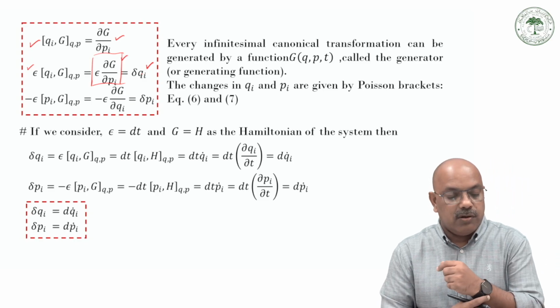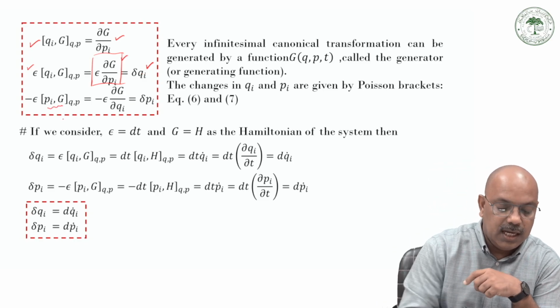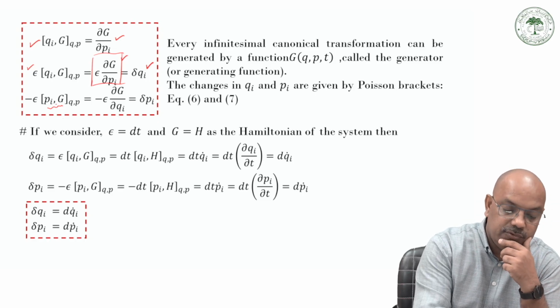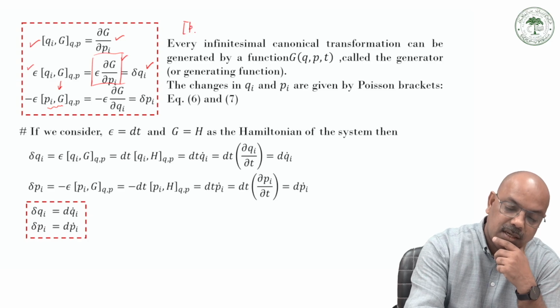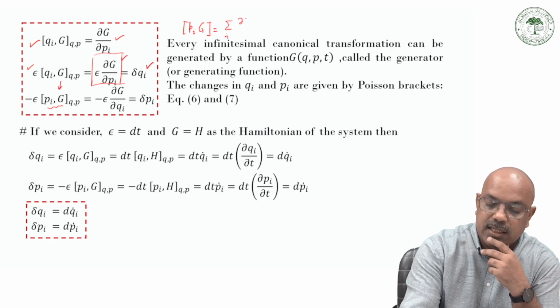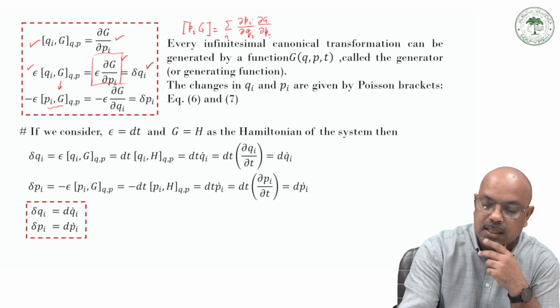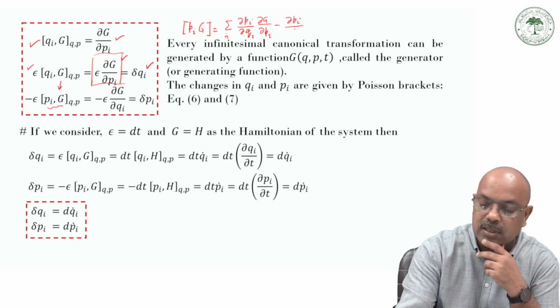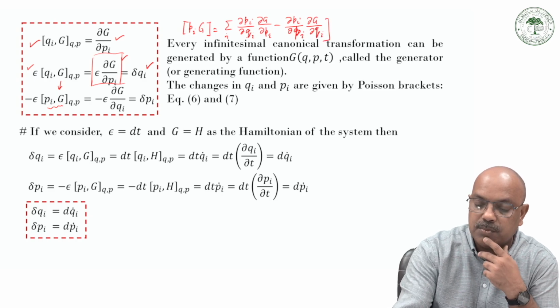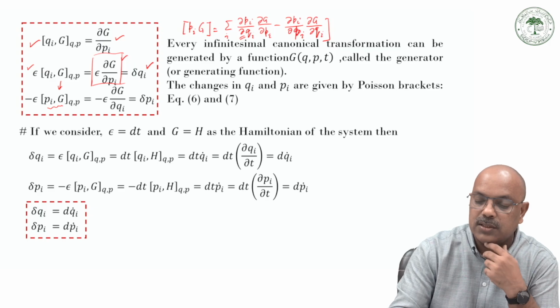In the same way, you can figure out the Poisson bracket of Pi with G. Summing over i, you have delta Pi upon delta Qi and delta G upon delta Pi, and then minus delta Pi upon delta Pi and delta G upon delta Qi. Delta P upon delta Qi is 0, so the first term is 0.